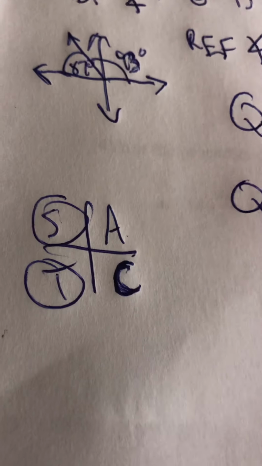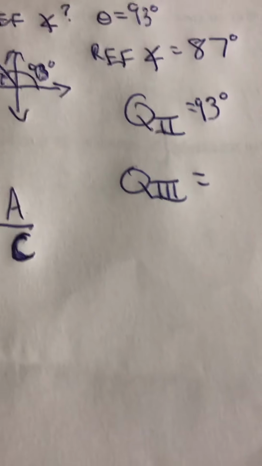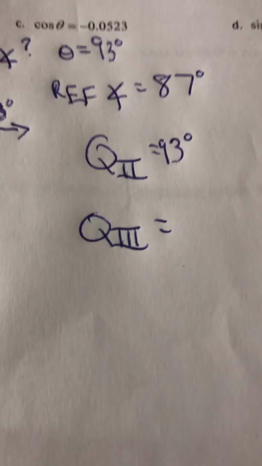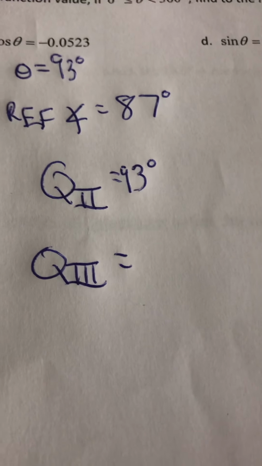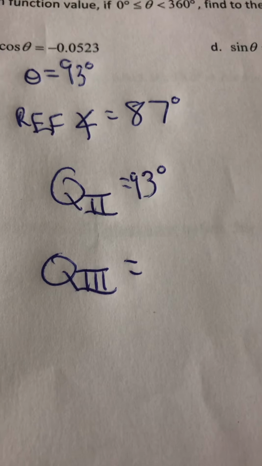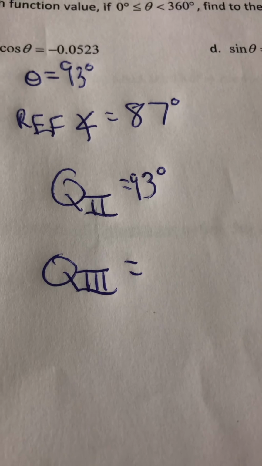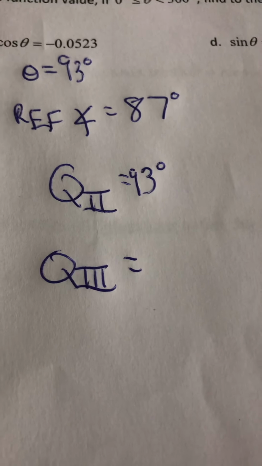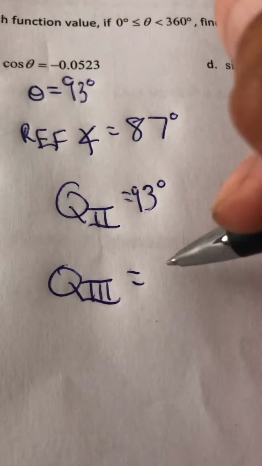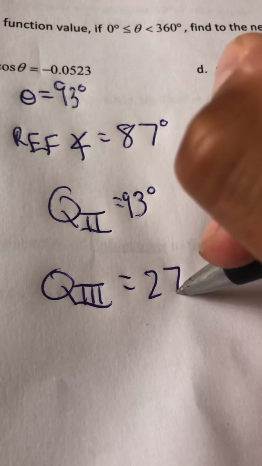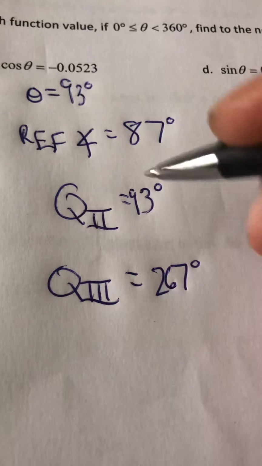Quadrant 3 would be 180 plus 87, because it's 87 degrees past. So here you would have a 267 degree angle.